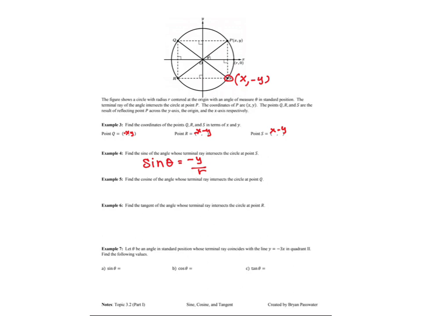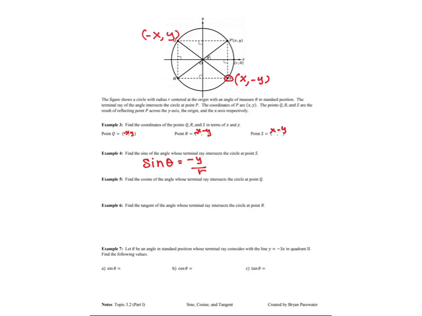Ross, you good? Let's try example 5. Find the cosine of the angle whose terminal ray intersects the circle at point Q. So let's find point Q over here. What is the ordered pair at point Q?